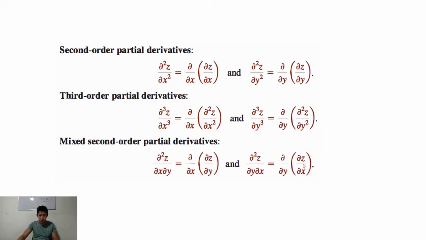As well for the mixed second order partial of x, partial of y, your first differentiation is with respect to y, and then next with respect to x. In the other notation, first is with respect to x. Whichever is last.